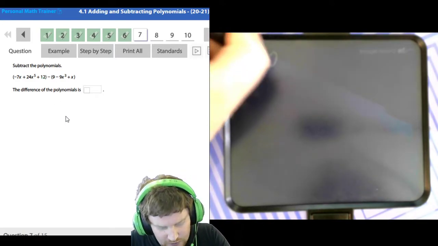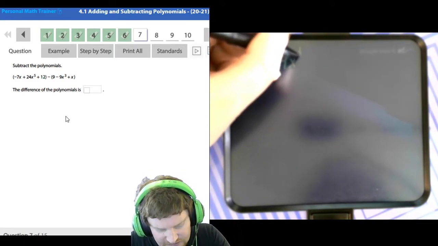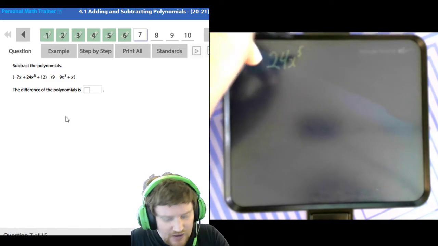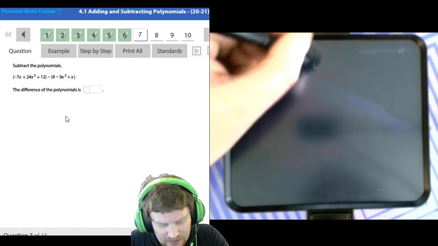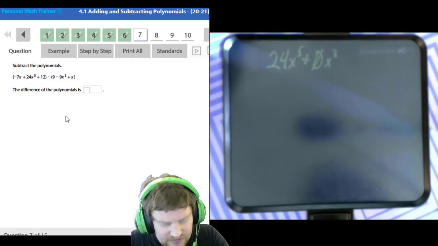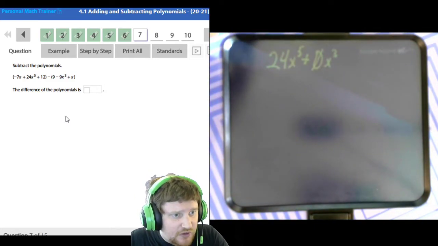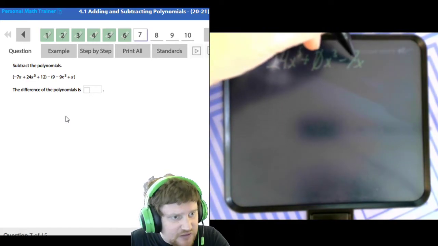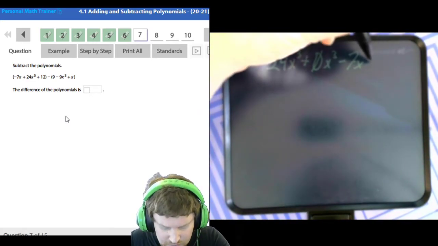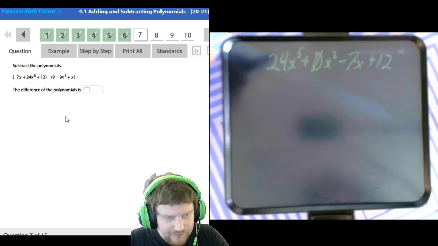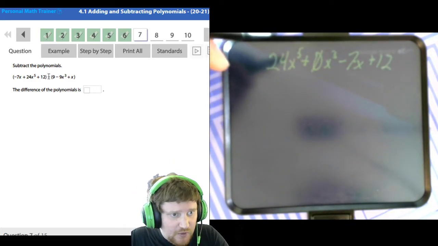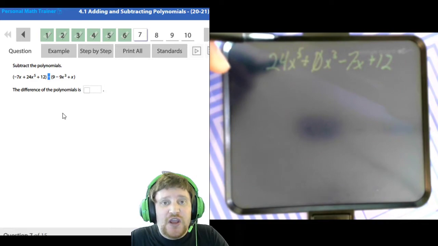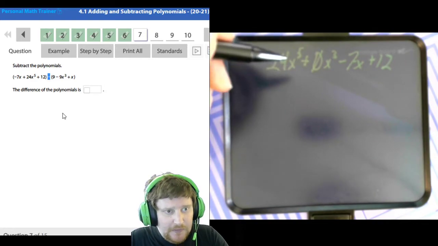So 24x to the 5th. I have to skip my x to the 3rd because I don't have any of them on this one. And I have my negative 7x plus 12. And on the bottom, remember, all of my signs are going to change because my second one here.